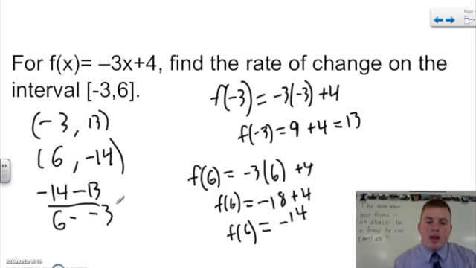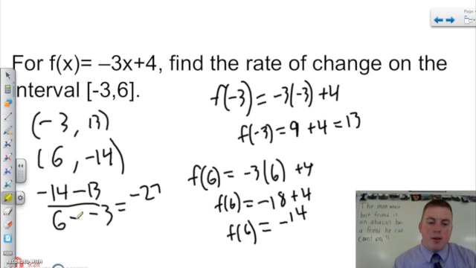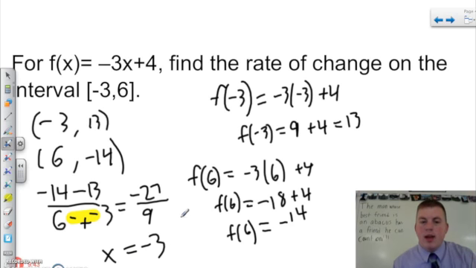Now, negative 14 minus 13 is going to give me negative 27. Notice I have two negatives in the denominator, and two negatives make a positive. So I'm going to do 6 plus 3, which is going to give me 9. I'm going to have negative 27 divided by 9, and get negative 3. And that will be my rate of change over that interval.